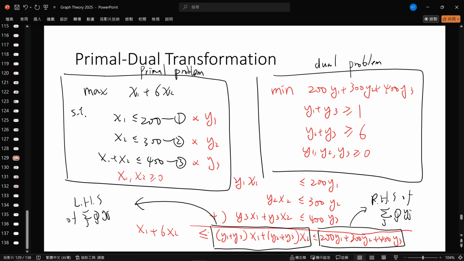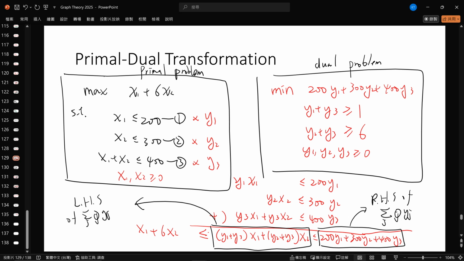So the problem becomes how to find a proper set of weights to get the upper bound. We model this as a minimization problem, where the variables are just the weights associated with these constraints. After you find the weighted combination of the constraints, you get an inequality like this.